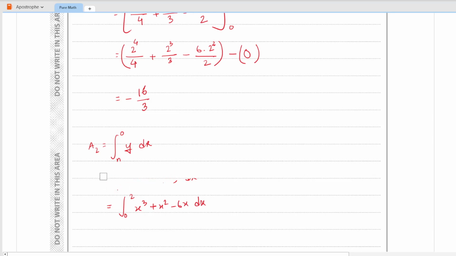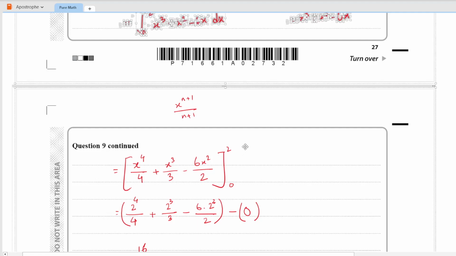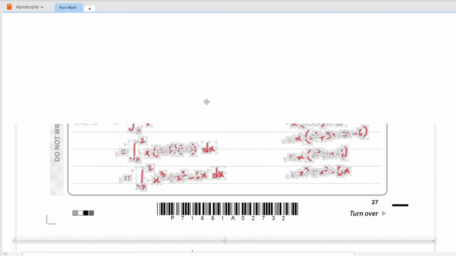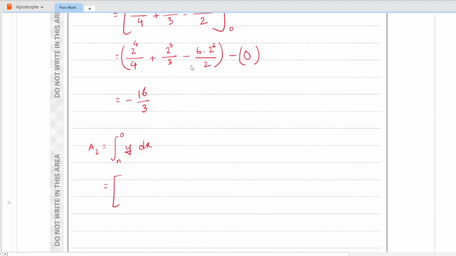So if we do this, at the end we will get basically this whole thing right here, but with n. So x to the power 4 over 4 plus x cube over 3 minus 6x squared over 2, and this is n to 0.